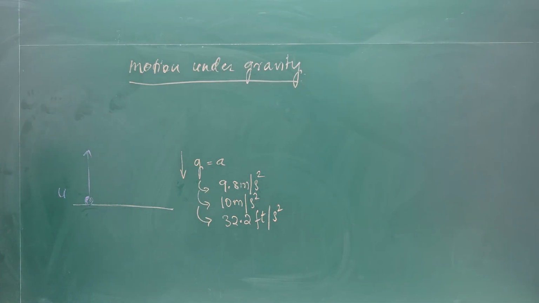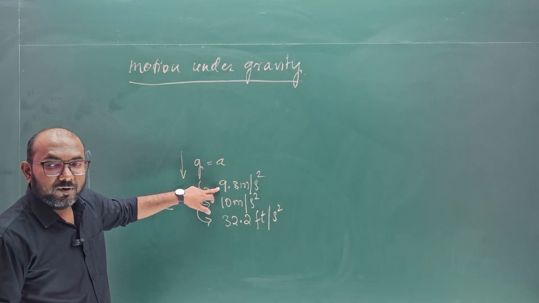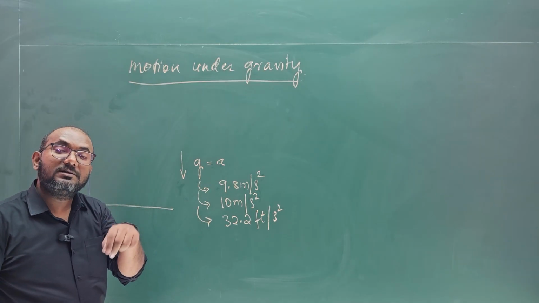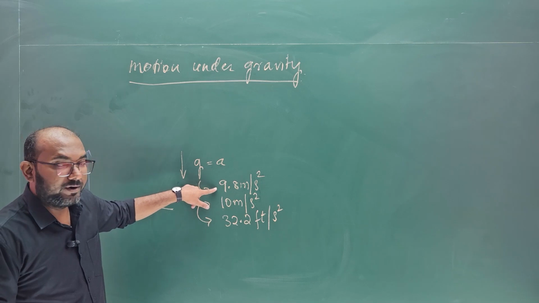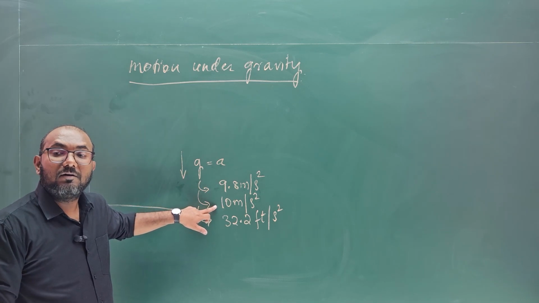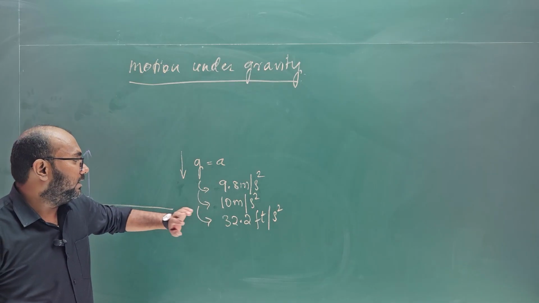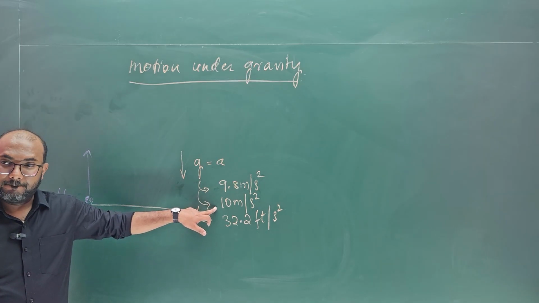If the question says that the g value is 9.8, you have to use 9.8 only. If the question doesn't say anything about g, even then you have to use 9.8. If the question says take g equals 10, you have to take g equals 10 only. Got my point? But in our class, for easy simplification, we will consider the value of g as 10.